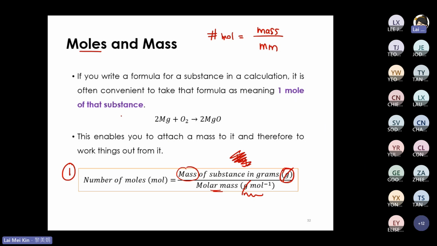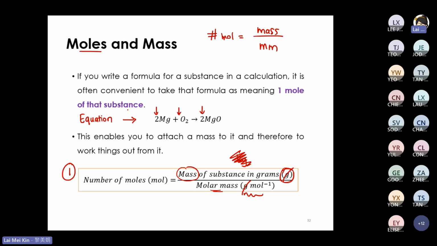Okay, so whenever we have an equation, this is what we call a chemical equation. If we have a chemical equation, you know this number in front? How do you get the numbers in front? Balance. When you balance the equation, you get the number in front.